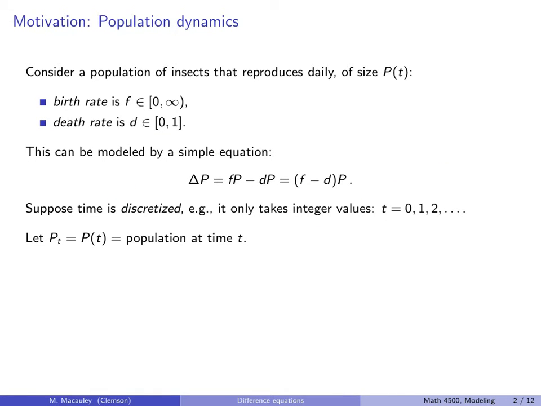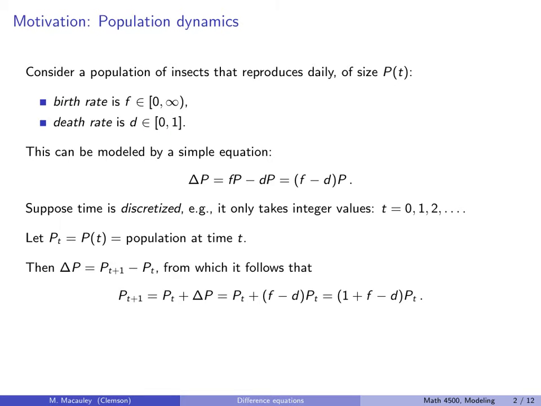Okay, so let's let p sub t be shorthand for just p of t, which is the population at time t. Then delta p, we're saying, is the change in population from tomorrow to the population today, and from which it follows that, if you solve for p sub t plus 1 here, you clearly get p sub t plus delta p.